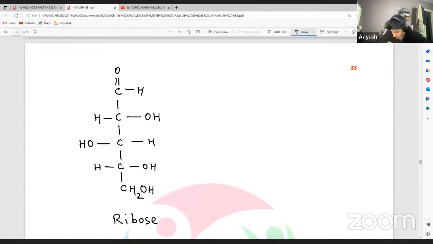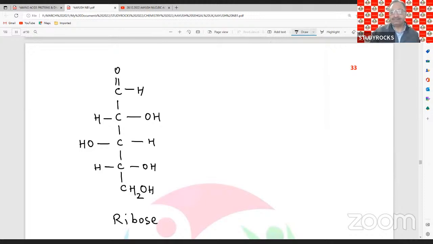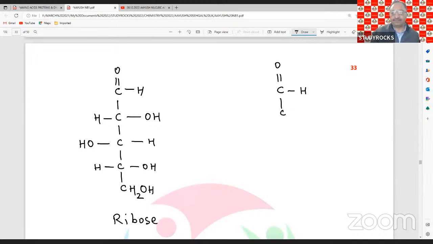Now what you do, you remove oxygen from second carbon. Then it becomes 2-deoxy. This is the meaning. I have removed oxygen from second carbon. The rest remains the same.